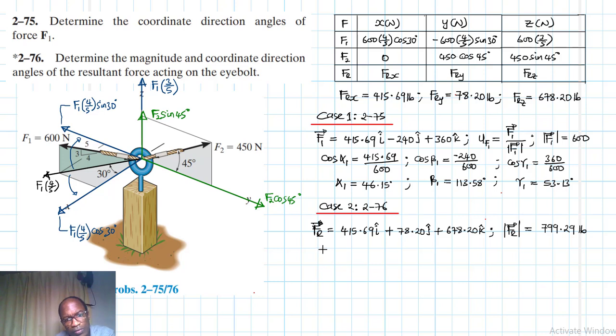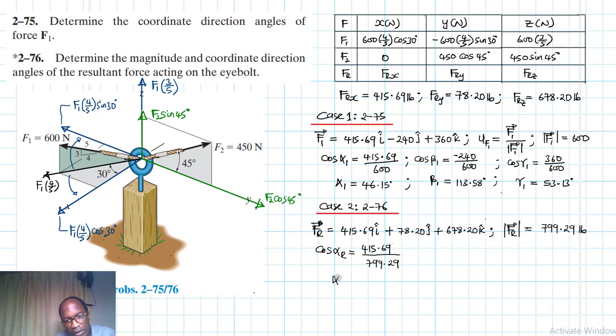So then we have cos alpha r is going to be equal to 415.69 divided by 799.29. We remove the i, we don't need i.